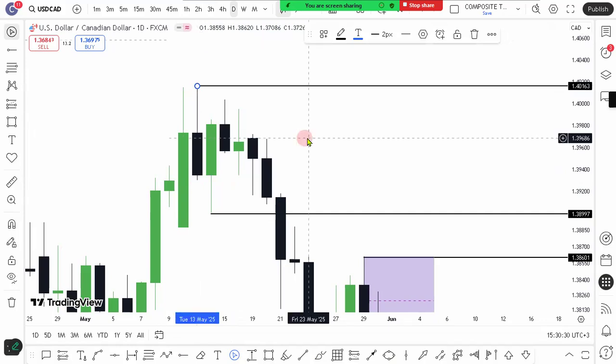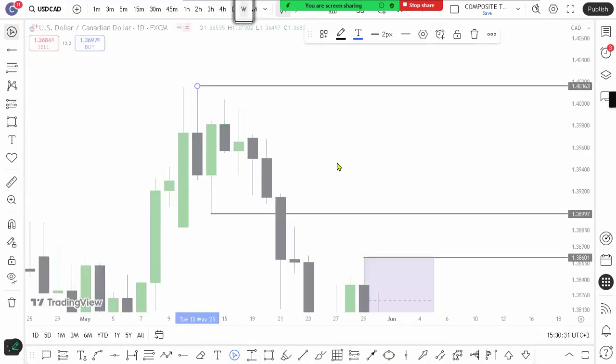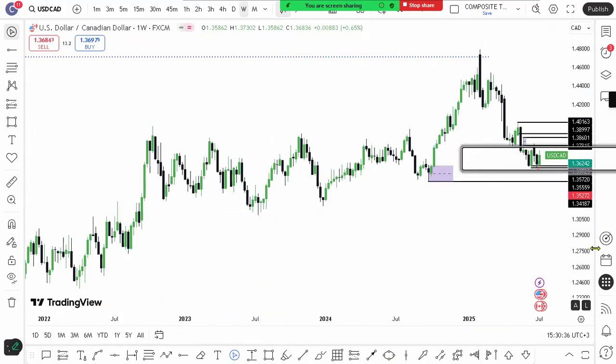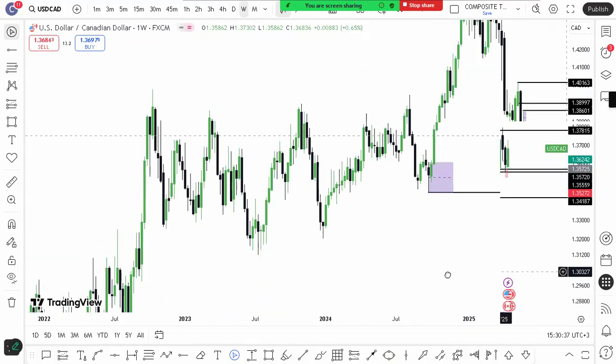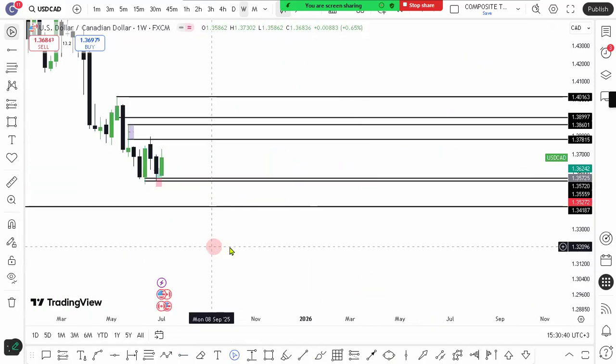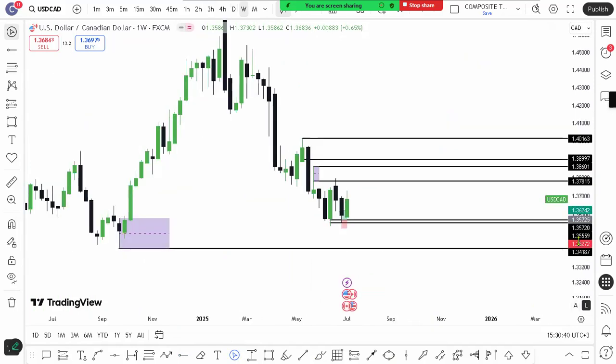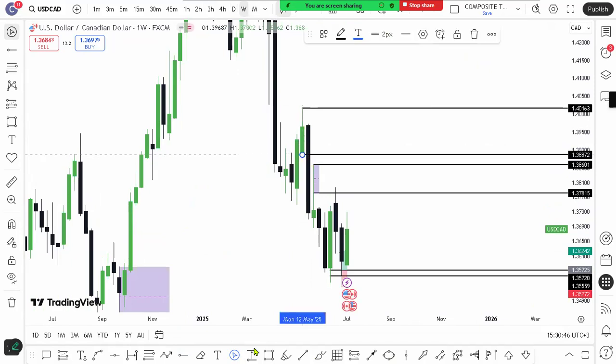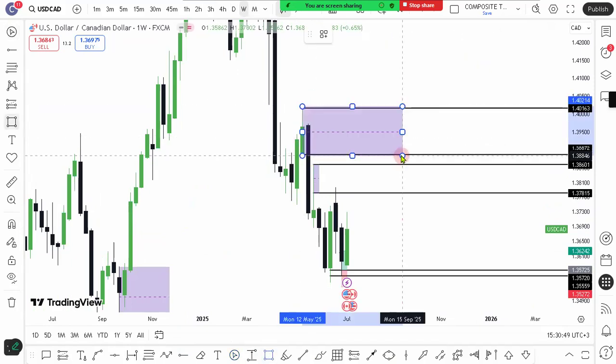Let's compare on the weekly time frame and see which one is more visible. Very nice. When I go back to the weekly time frame, I see this weekly supply becoming even more visible, and the daily supply zone disappears.